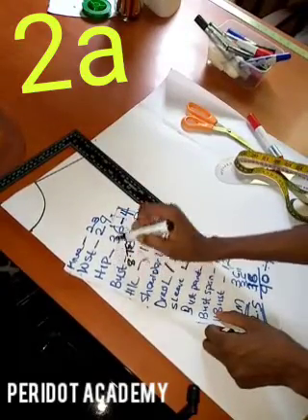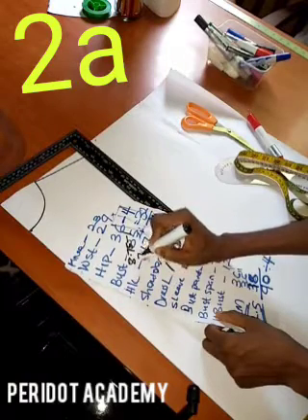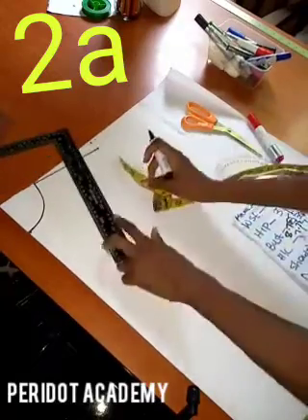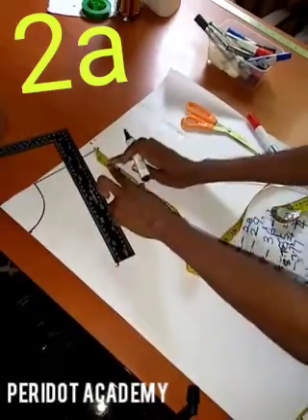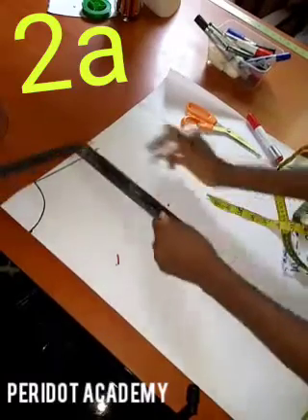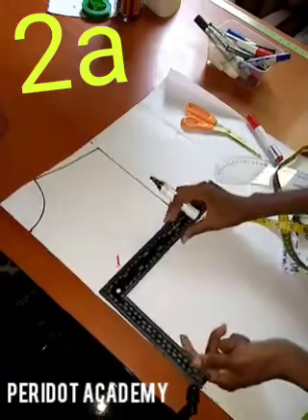Bust divided by 4 minus 1, not plus 1. So that is 7.75. I'll be coming down from this point 7.75, and that's the chest line.